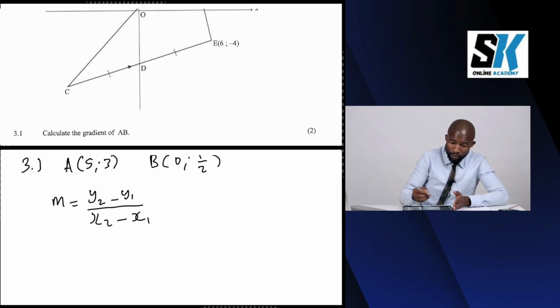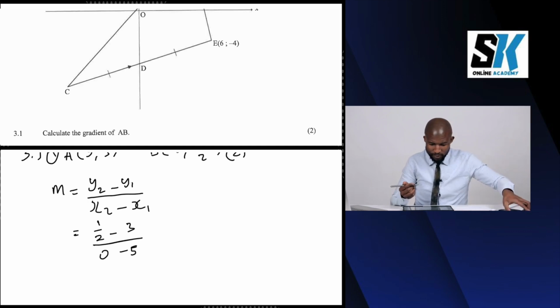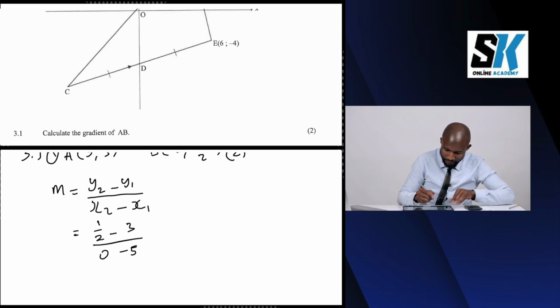You can choose for yourself. I'm going to choose A to be 1, and B to be 2. So I'm going to say 1/2 minus 3 all over 0 minus 5, and when you punch that into your calculator, you're supposed to get a half.